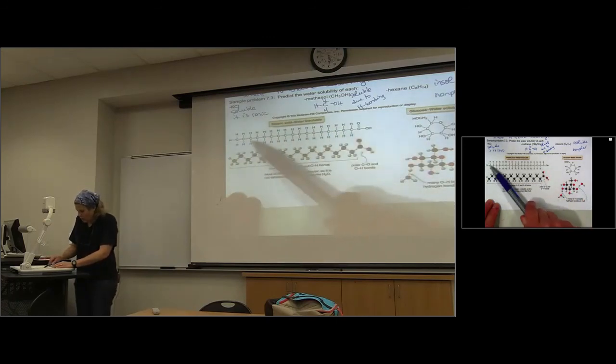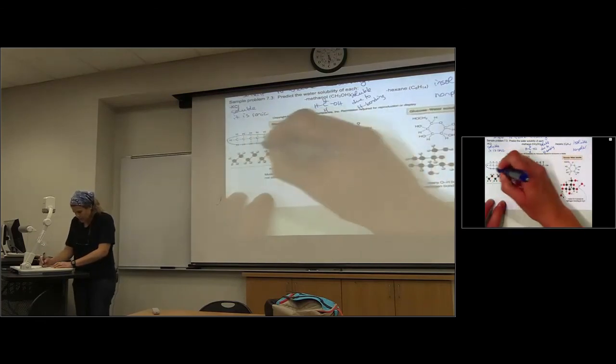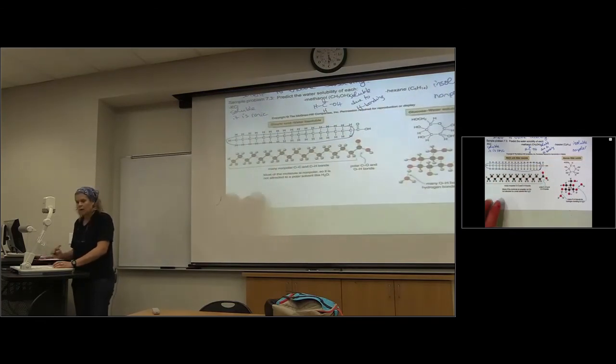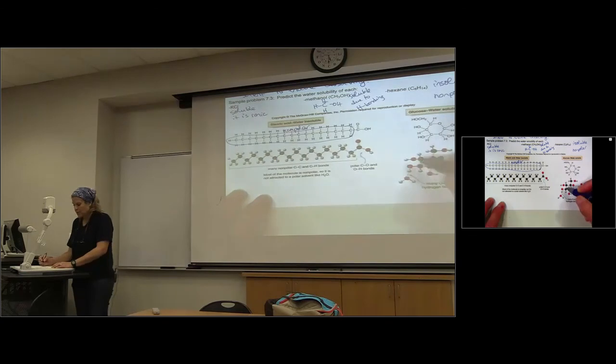What is all of this area? Polar or nonpolar? It's all nonpolar. What is all of that? Carbon bonded to carbon or carbon bonded to hydrogen. So this is a huge nonpolar section.